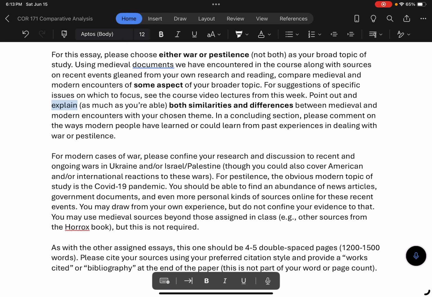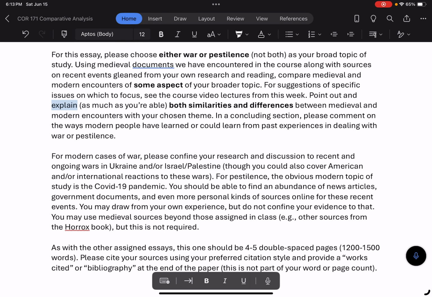Why are we responding the way we are responding to wars and or to pestilence today? And how is this different, and how is this similar to the Middle Ages? You might even find that the responses or the phenomena are similar, but they come from different contextual places, that the reasons why the similarities exist are actually different. I don't know. Maybe you'll find something like that and be able to comment on that.